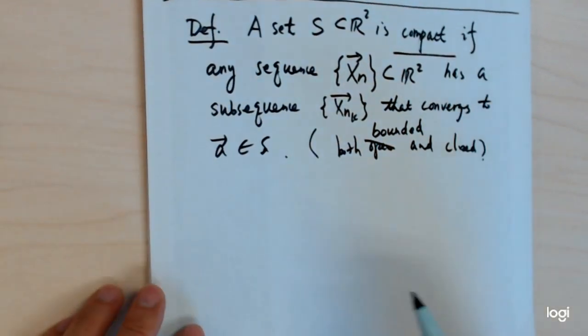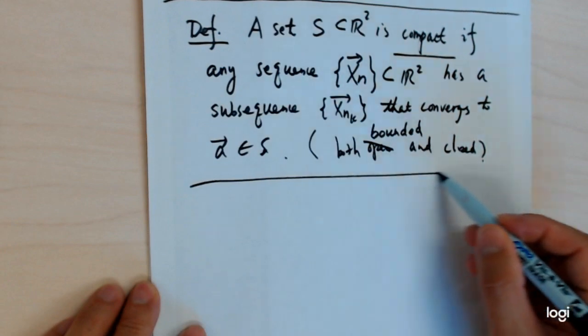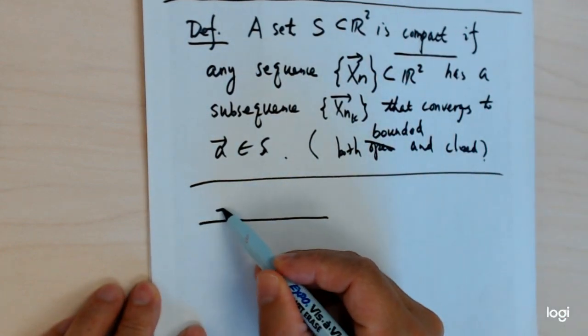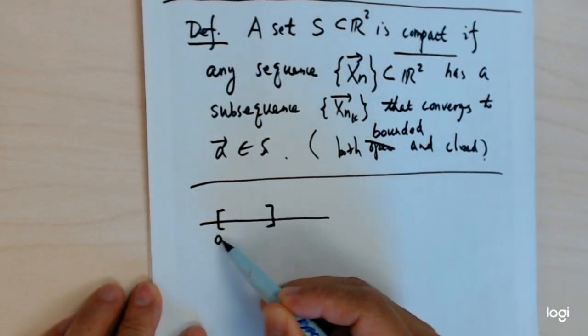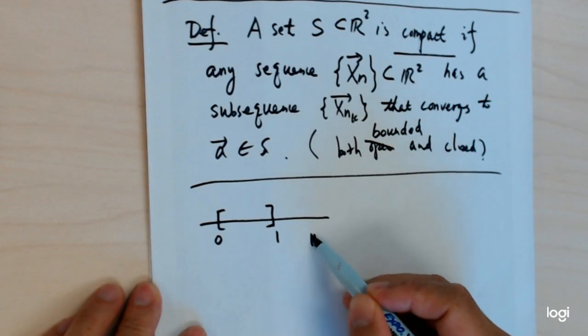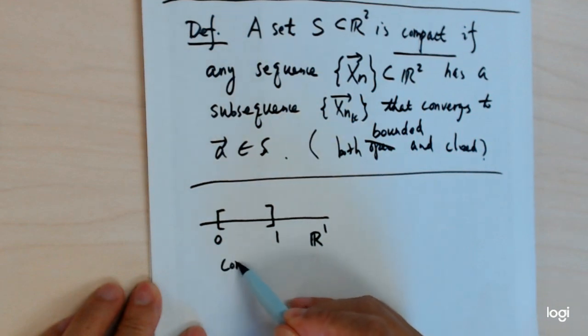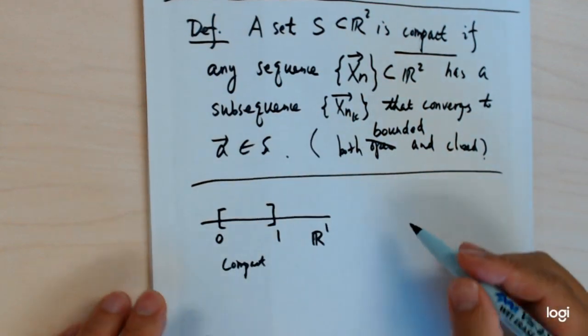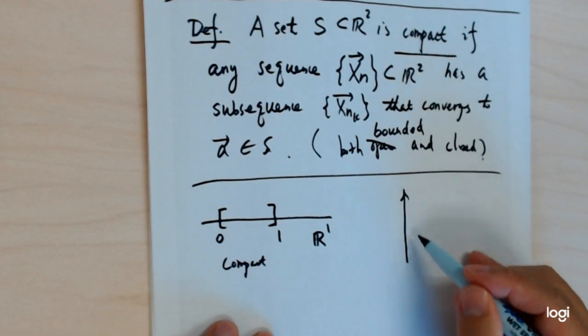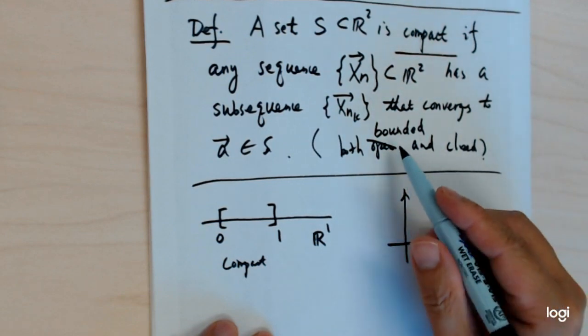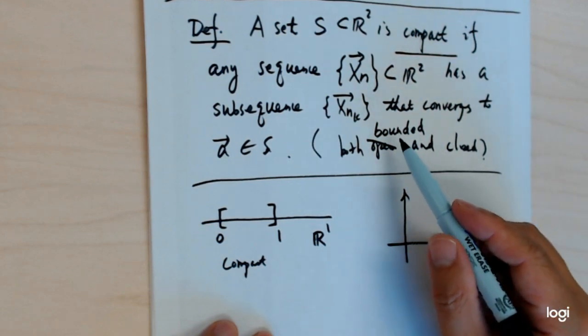Compact set in R2, it is identical to a closed interval in R1, say from 0 to 1. Okay, so this is R1. So this is a compact set in R1. A compact set in R2, as I said, is supposed to be bounded and closed.